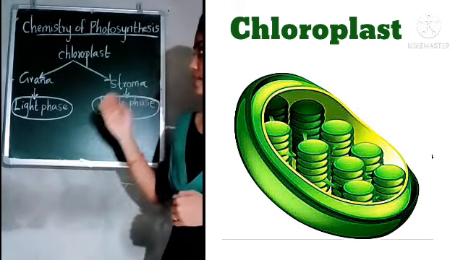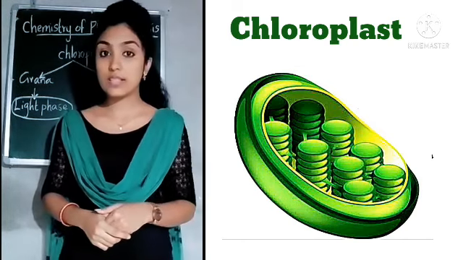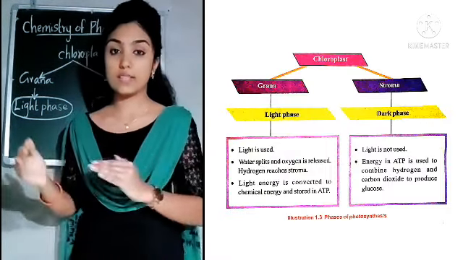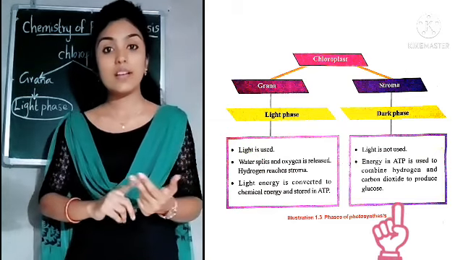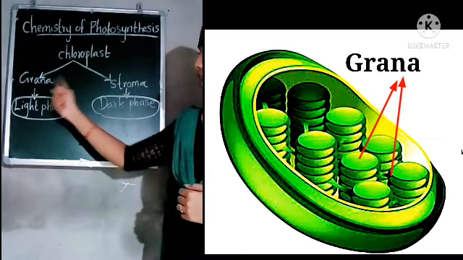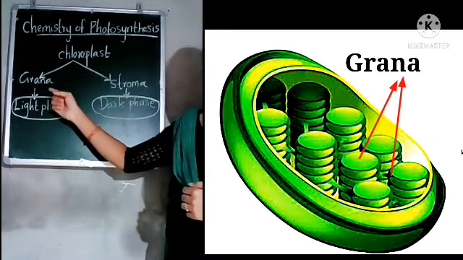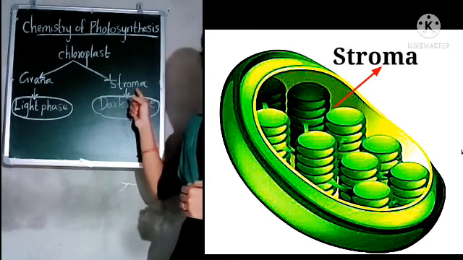So, photosynthesis takes place in chloroplast. Photosynthesis has two phases, a light phase and a dark phase. The light phase takes place in grana of the chloroplast and the dark phase takes place in stroma of the chloroplast.